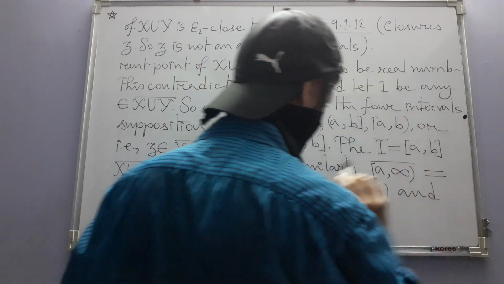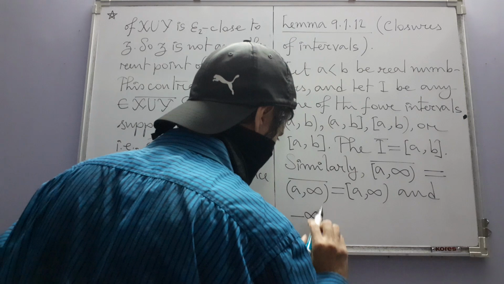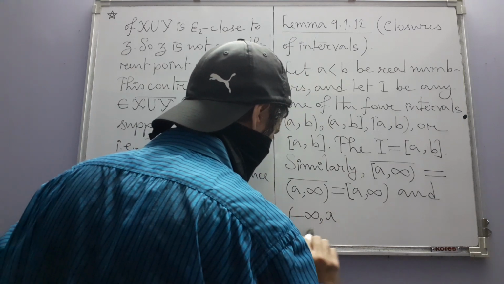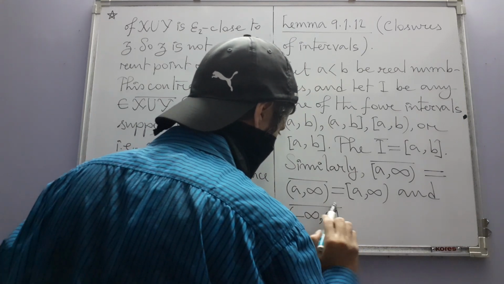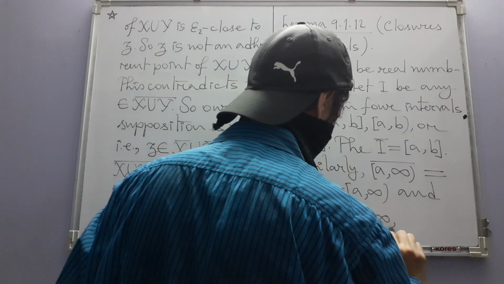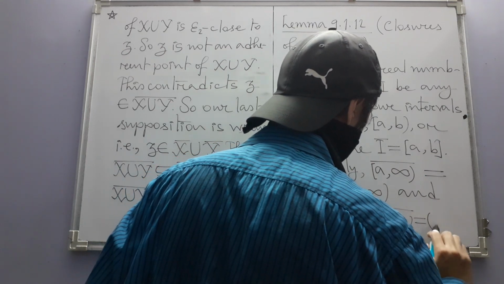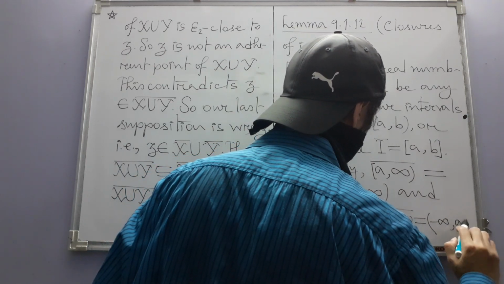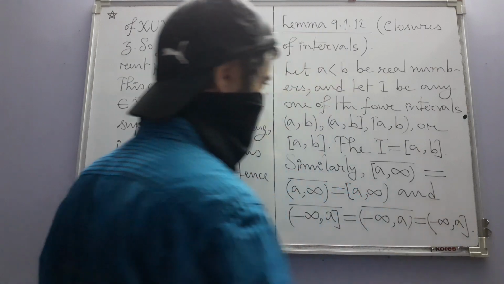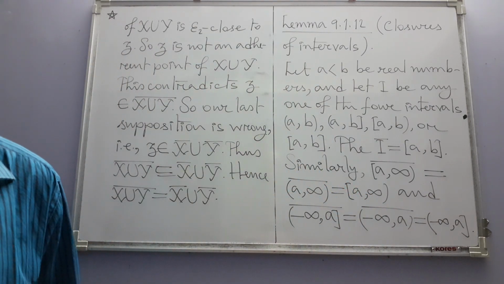And if minus infinity is one of the endpoints, then the closure of this closed ray is equal to the closure of this open ray is equal to this closed ray. And it's not over yet, there is something else also.